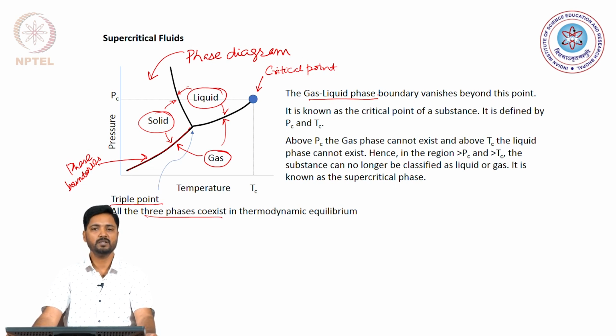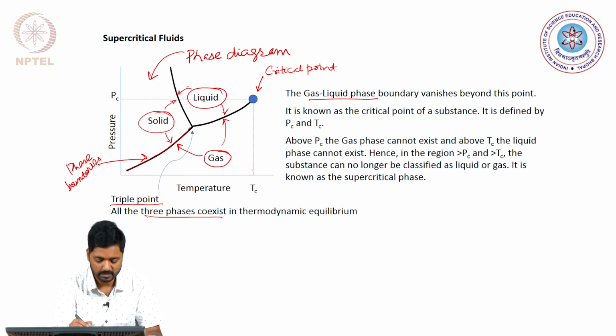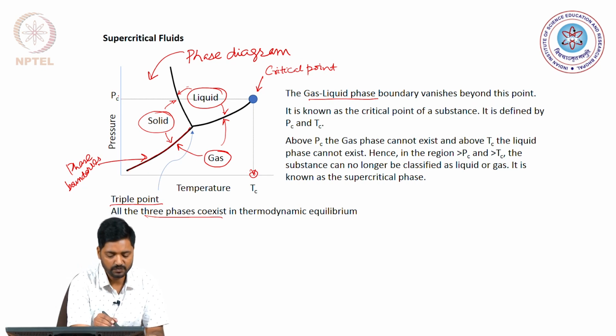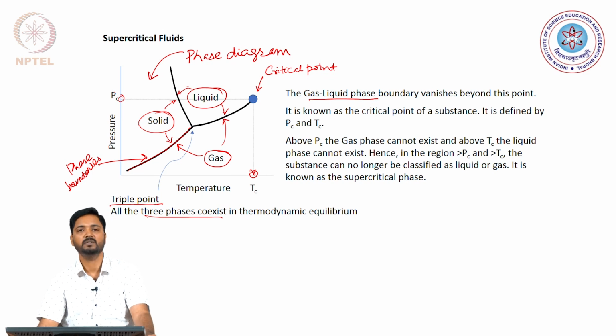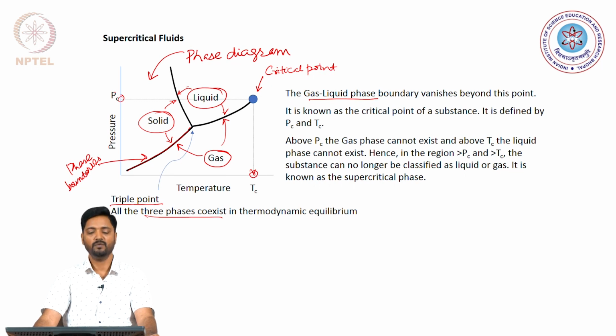Its properties will be intermediate of the two. So, we can define this critical point in terms of the critical temperature, which is highlighted here, as well as a critical pressure, which is indicated here. So, we require to know both the critical temperature and the critical pressure, beyond which the substance will no longer be in a unique phase, either liquid or a gas phase.